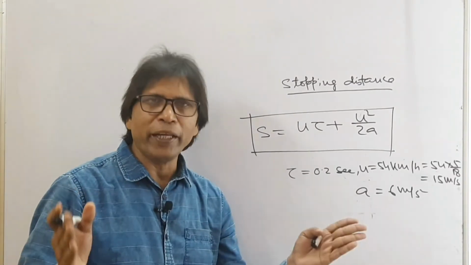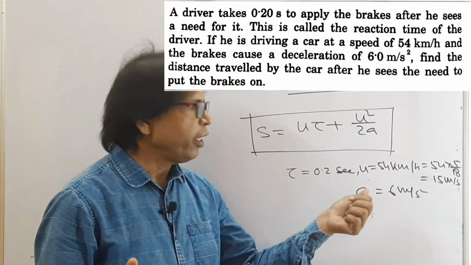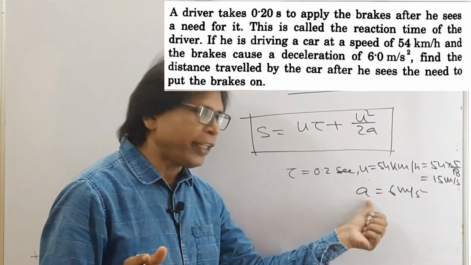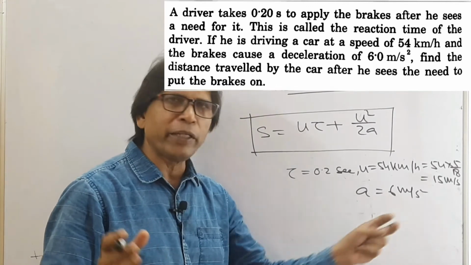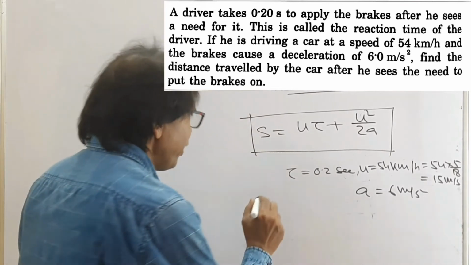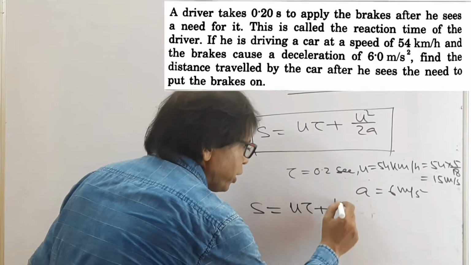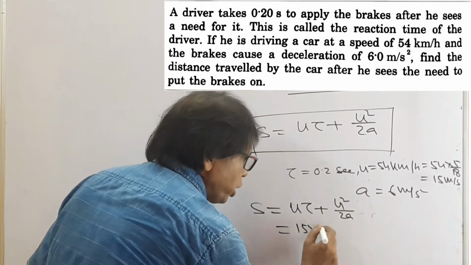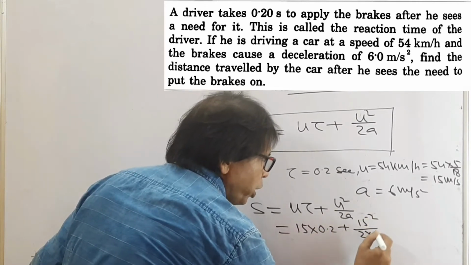Now a numerical. The reaction time of a driver is 0.2 second. The initial velocity of the car is 15 meter per second and the maximum retardation produced in the car is 6 meter per second square. Find the stopping distance. The stopping distance s equals u into tau plus u square by 2a. So 15 into 0.2 plus 15 square divided by 2 into 6.